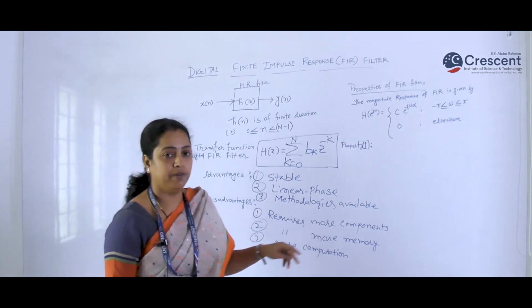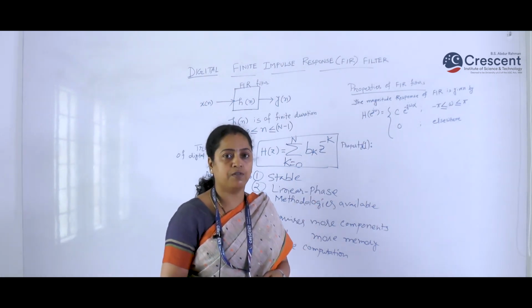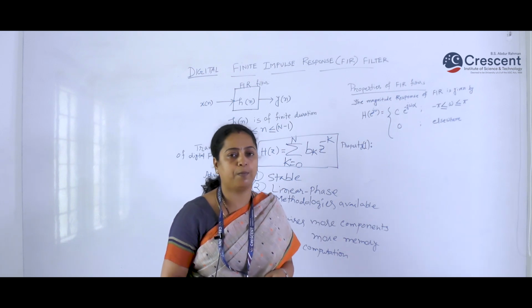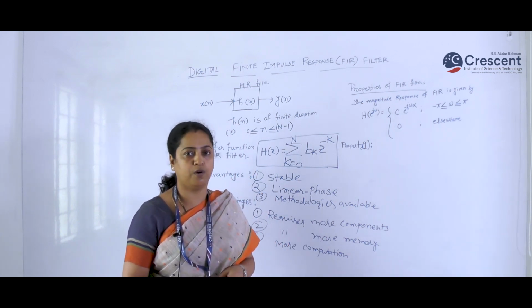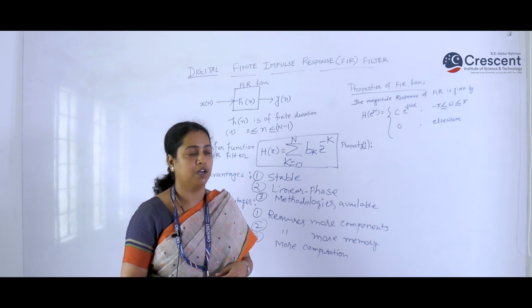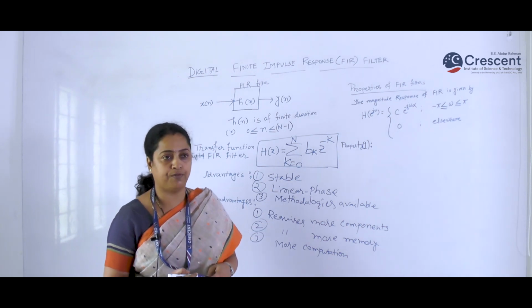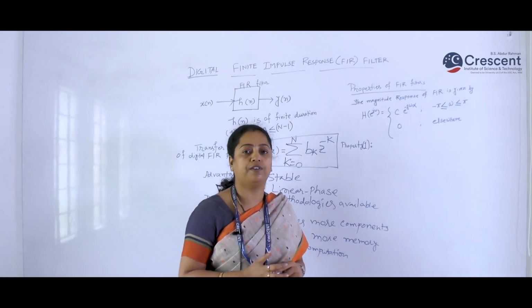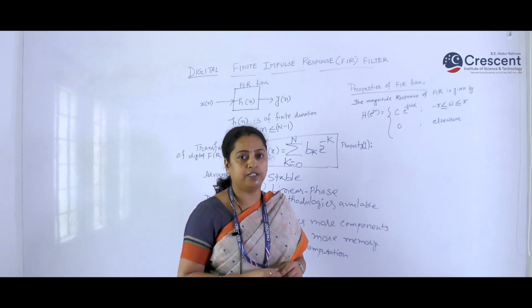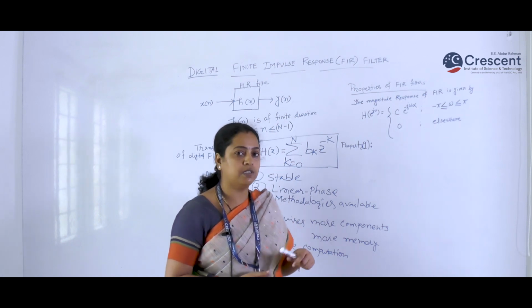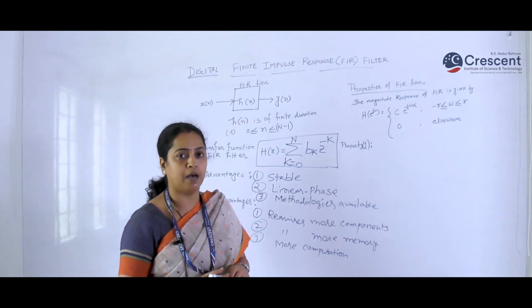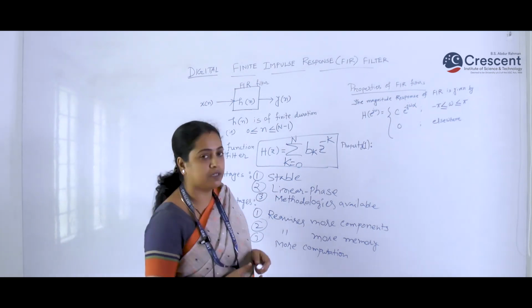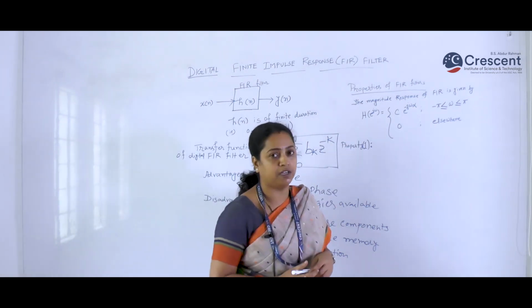Now we will first see the properties of the FIR filter, because once we know the properties, then only can we go for the exact design procedure. We saw how IIR filters are characterized: always we characterize the filter either by its impulse response or by its magnitude response.